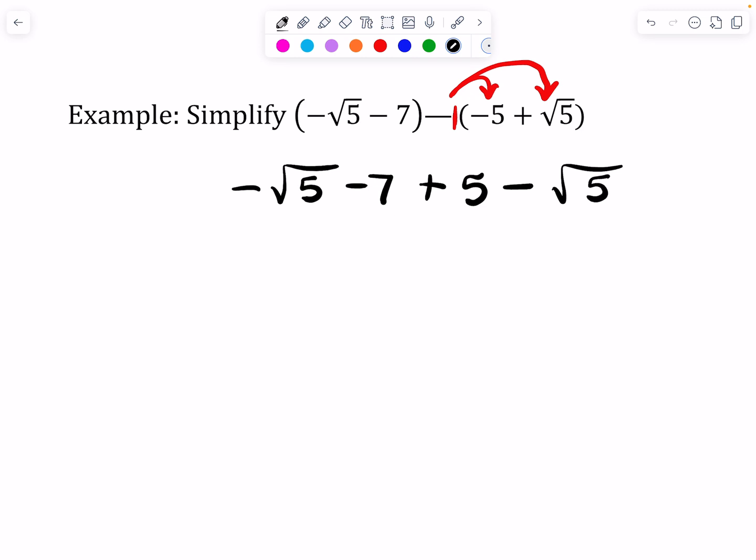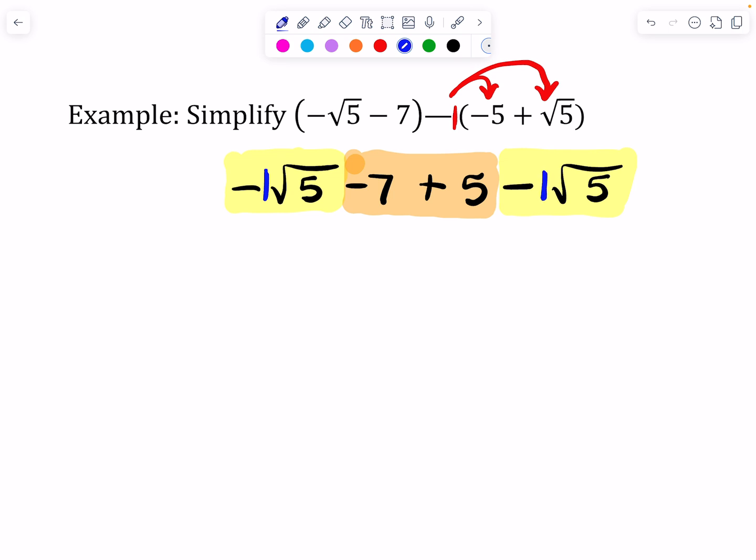Once we do that, we're going to look for like terms. So we've got this square root of 5 matching this square root of 5. And then we have 2 numbers in here with no radicals, no variables. So we're just going to add and subtract those. So when we look at these radicals, this is a negative imaginary 1 and a negative imaginary 1.